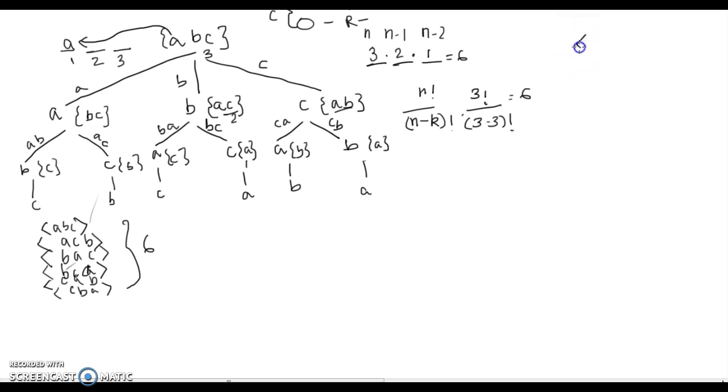Let's say the first one we have is ABC, and then the next one is ACB, and the next one in our subset is BAC, and the next one is BCA, and then the next one we have is CAB, and then the next one is CBA.